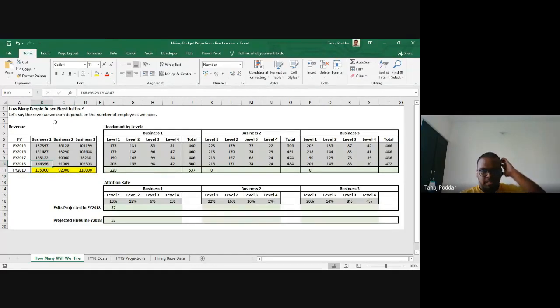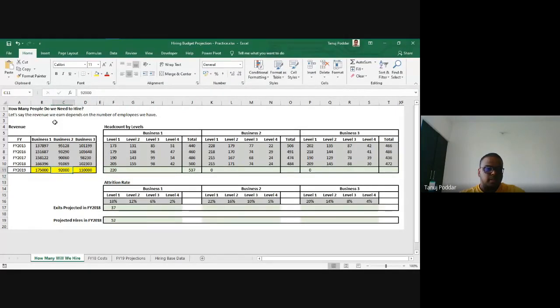Say 166,396 is the revenue that business one earned in 2018, and I had 500 people. If I were to project that the revenue is going to increase to 175,000, then what will the total headcount be?